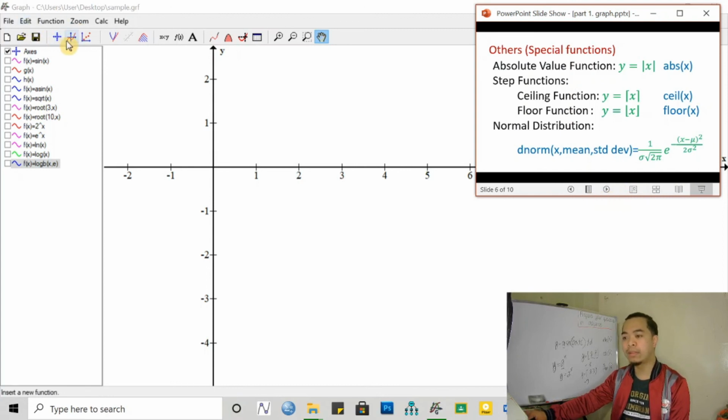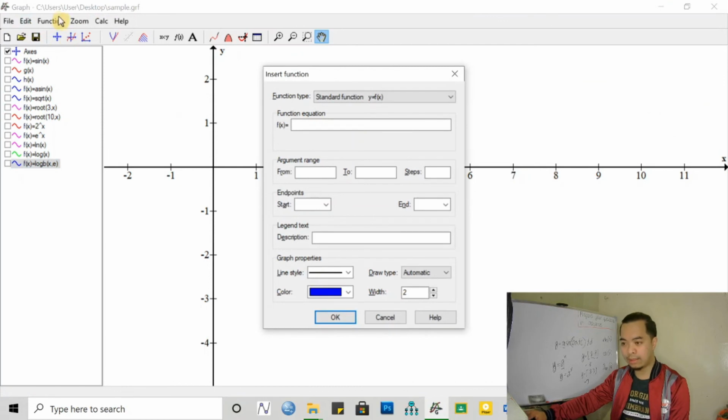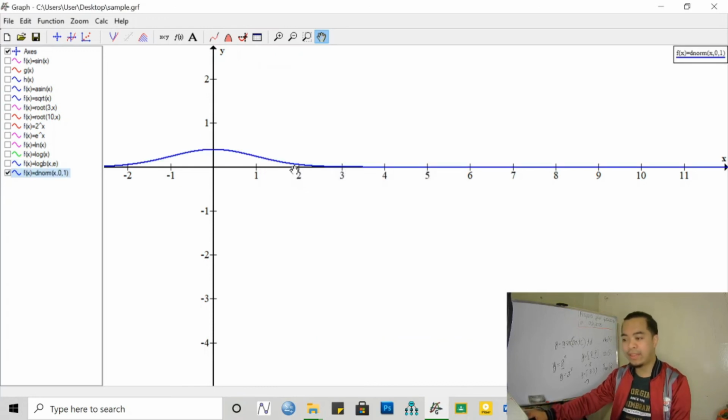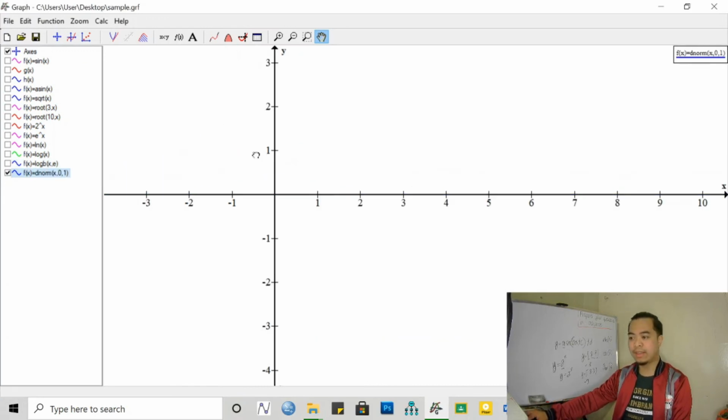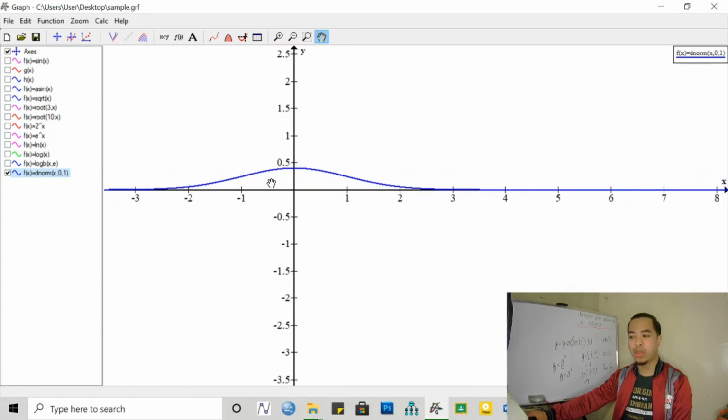So we click on our add function button, dnorm, that's our syntax, and then we start with our independent variable, then the mean that we want. We want 0 because we are trying to graph the standard normal distribution, and then the standard deviation is 1. Alright, so there we have it, the graph of a standard normal distribution.